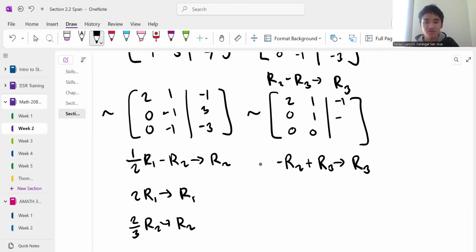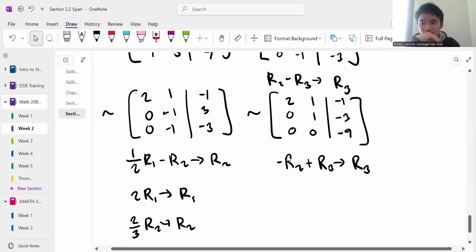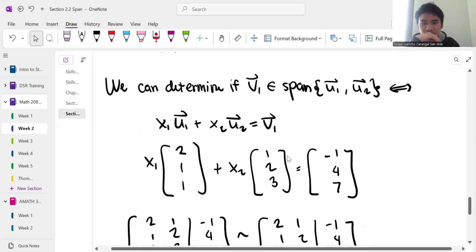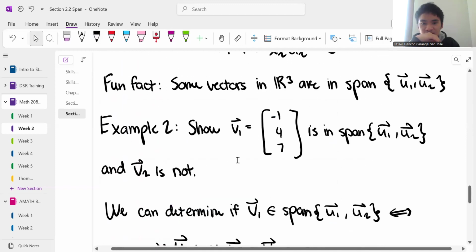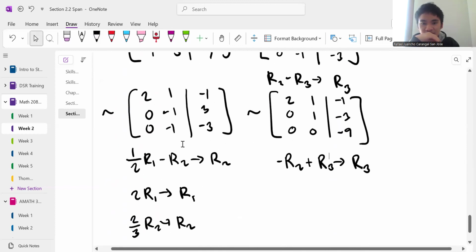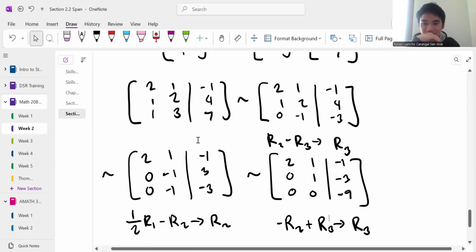This is 1, negative 3, minus 3. Interesting. Negative 9. This has no solution currently. Is it in the span? Or did I mess up something? Probably messed up something.